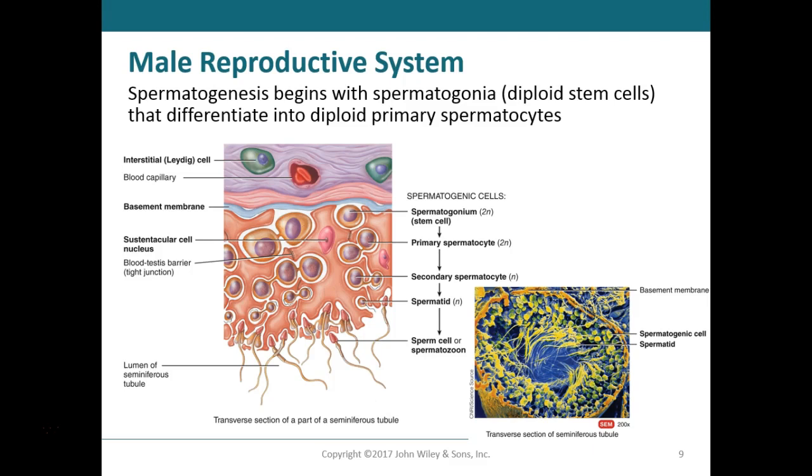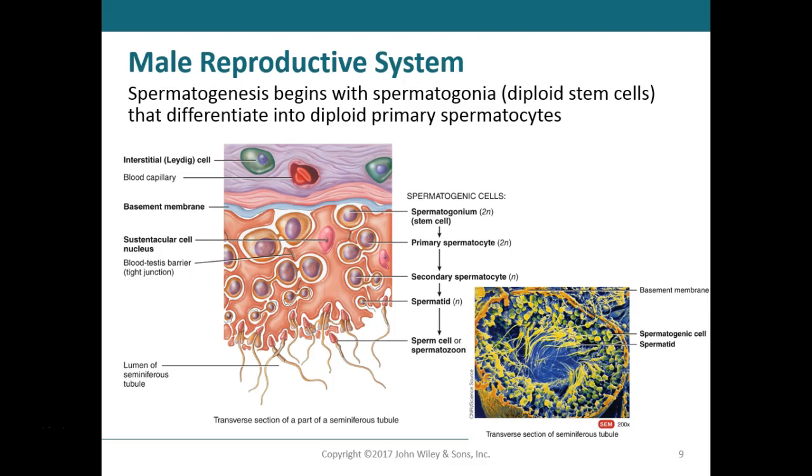Isolating the developing sperm cells behind the blood-testis barrier prevents the immune system from attacking these cells, because remember, sperm cells are not formed until puberty, and your immune system has already been programmed to know what cells belong to you and to respond and destroy something that's new that it doesn't know, right? So the blood-testis barrier protects the developing sperm cells by those tight junctions not allowing the immune system to respond to what would be recognized as foreign cells.